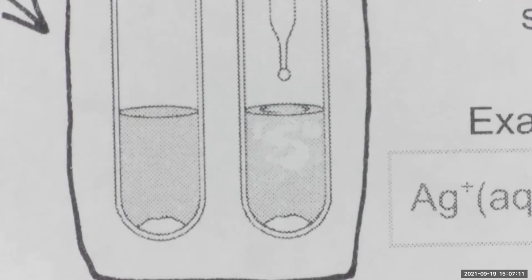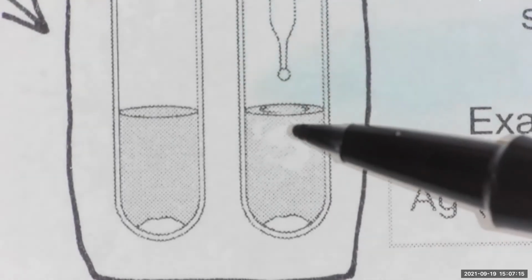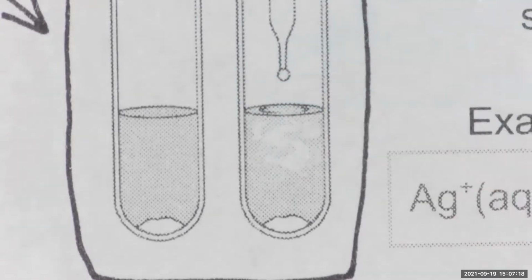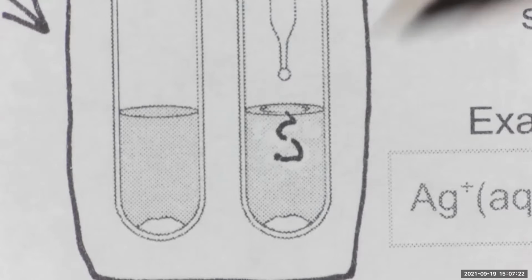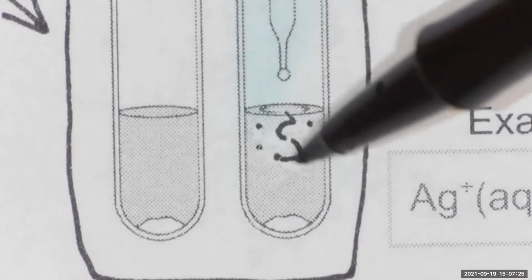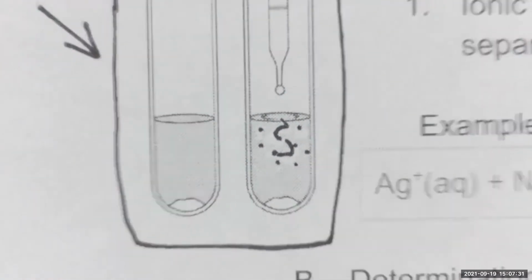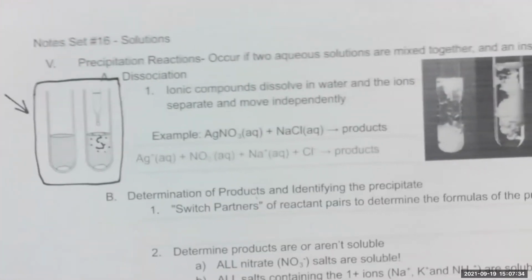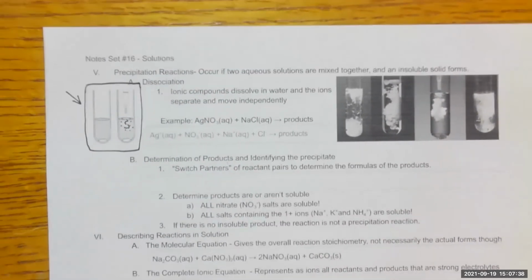You can see there's a little S shape in there. They're trying to show that it's precipitating. This is the AP version. It would be printed a little more clearly on the AP exam, but that's what they're trying to show. This is the cartoon version of the real live version over there.